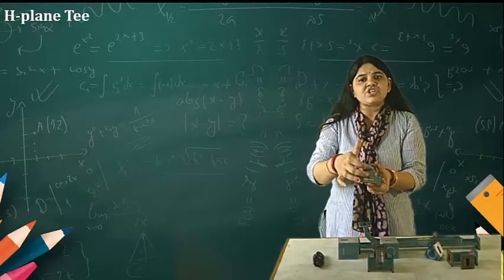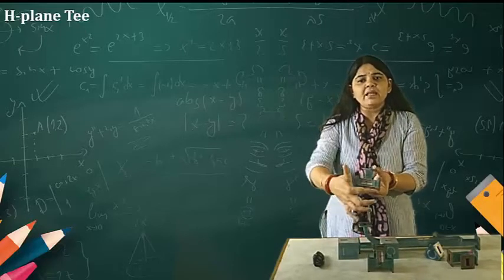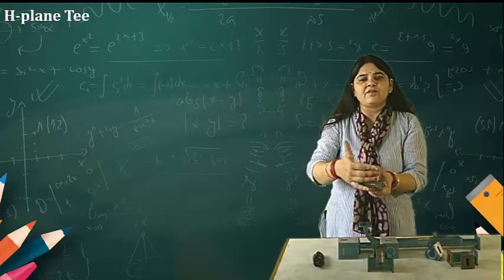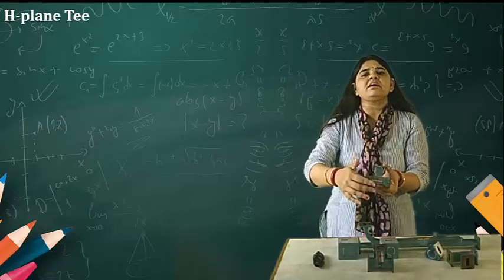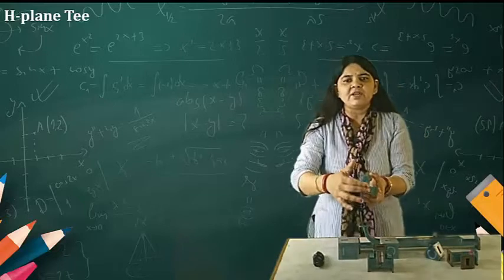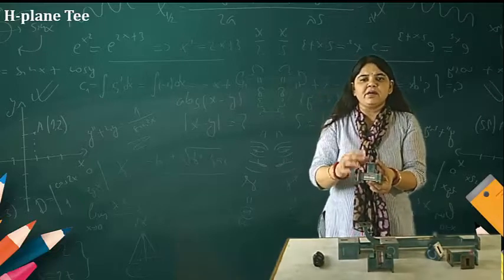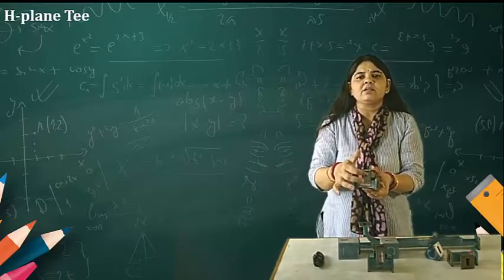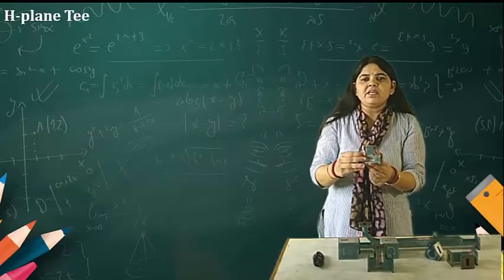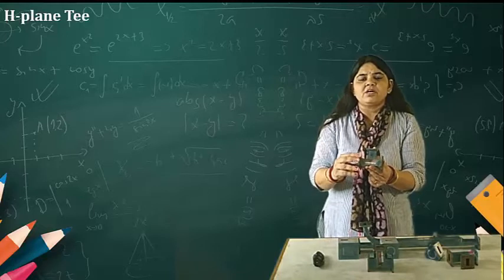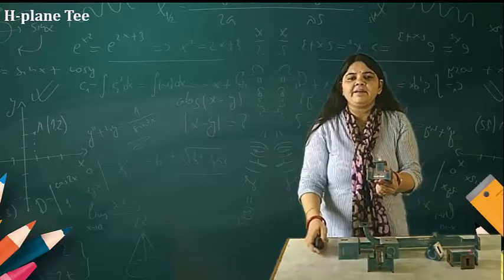Because this H arm is parallel to the collinear arm, and it is in the side of the magnetic field. So this is known as the H arm.